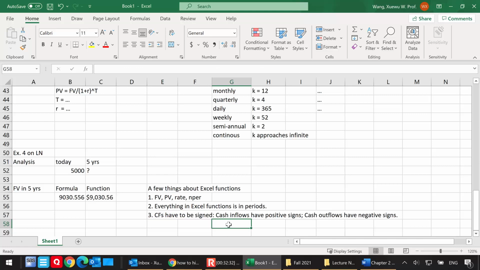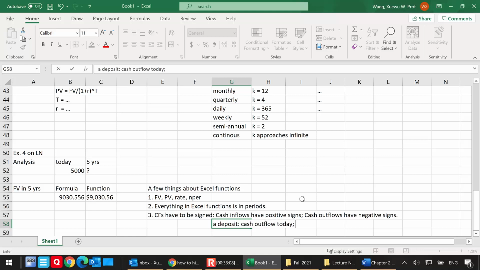Cash inflow basically means money flows from elsewhere into your pocket, and later you can take the money out and use it for your consumption purposes. Cash outflow means money flows from your pocket to elsewhere. So if you make a deposit, you take the money out of your pocket into your bank account. So it's a cash outflow today.